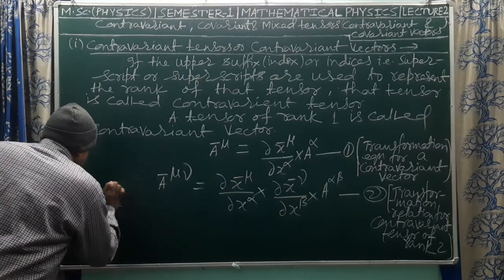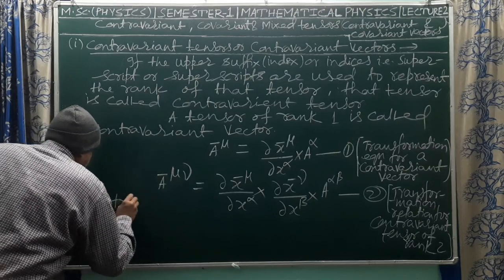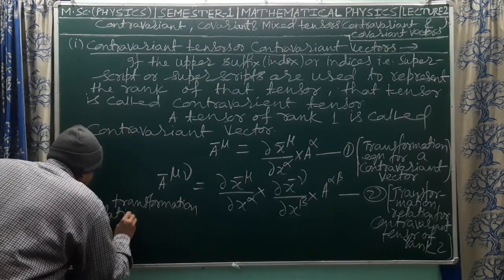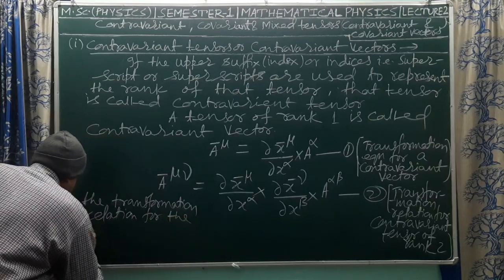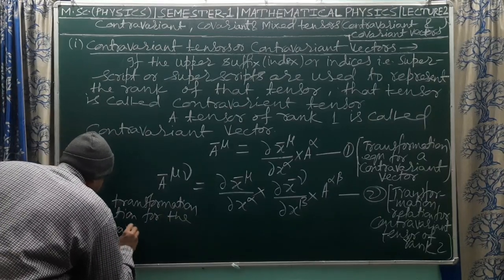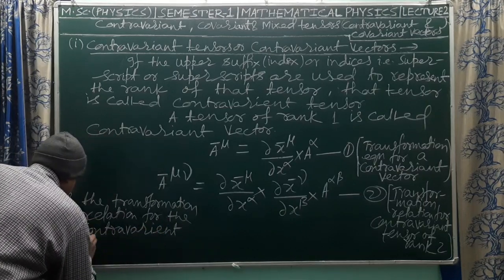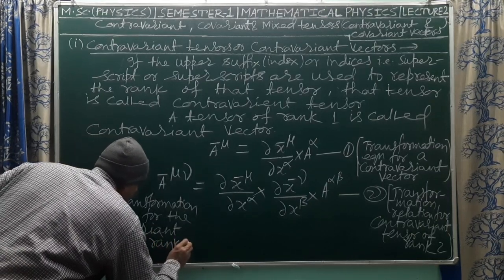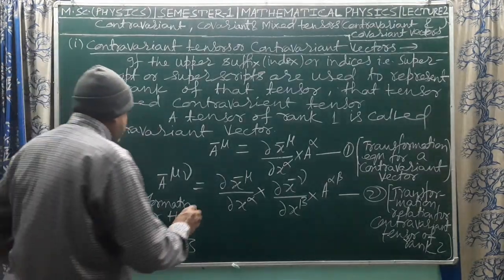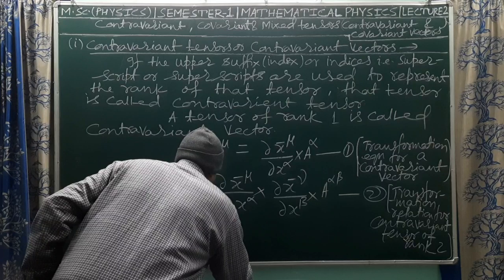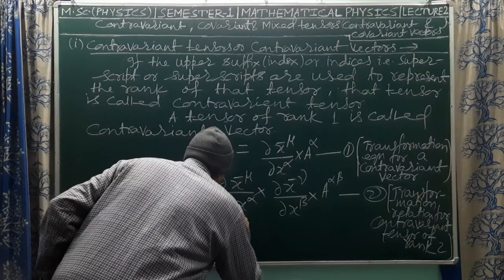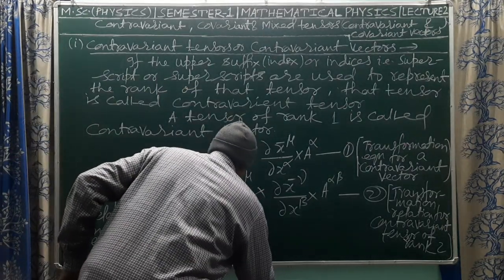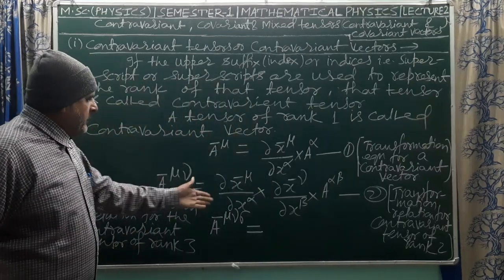The transformation relation for the contravariant tensor of rank 3 can be expressed as a bar mu nu sigma.